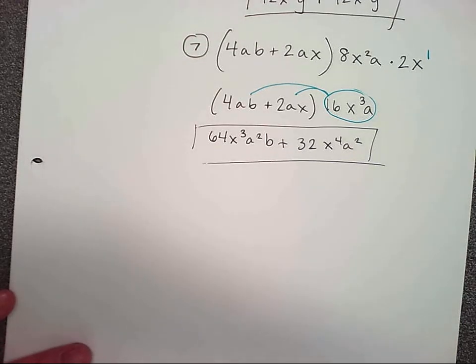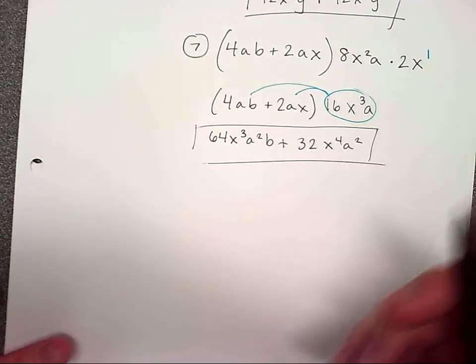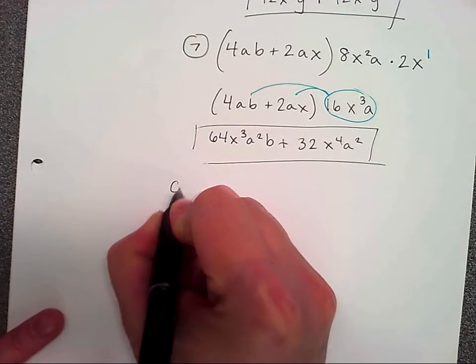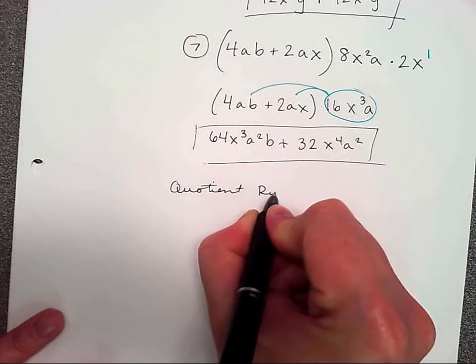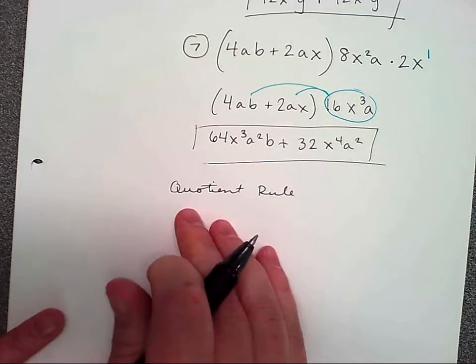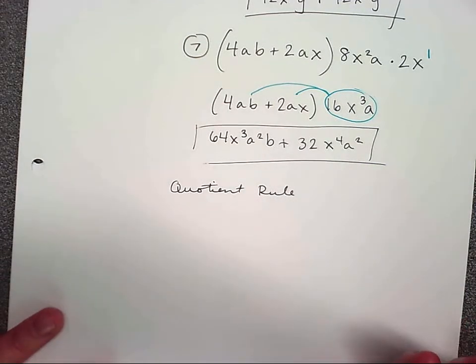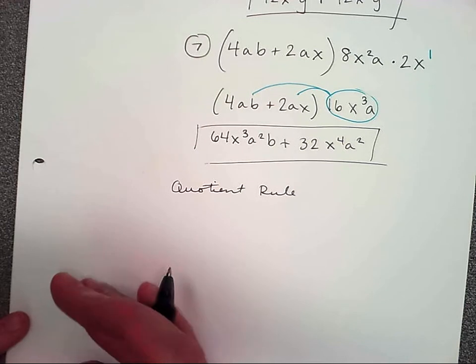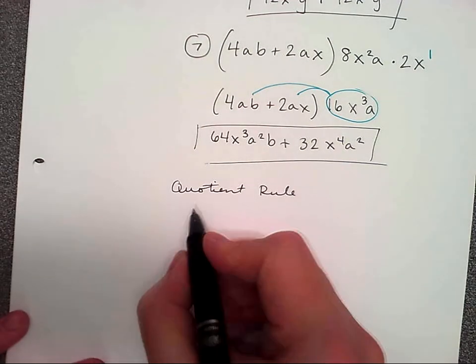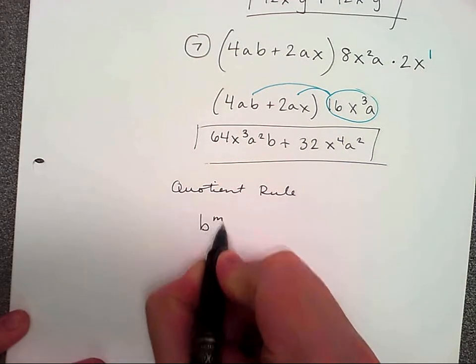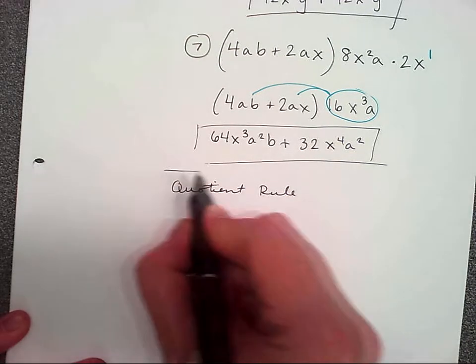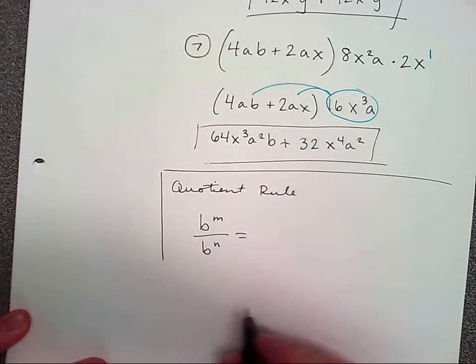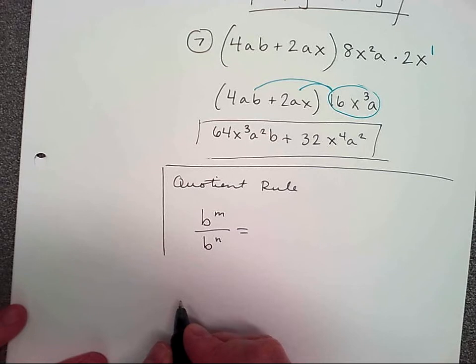Okay? So let's do the next rule. I'm going to do the quotient rule. Quotient means division, right? So when I'm looking at the quotient rule, I'm thinking, okay, what am I dividing? b to the m over b to the n equals, oh my goodness, I'm at the test and I can't remember.